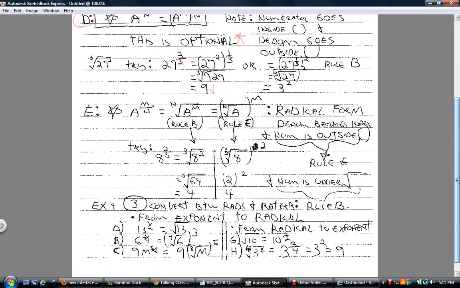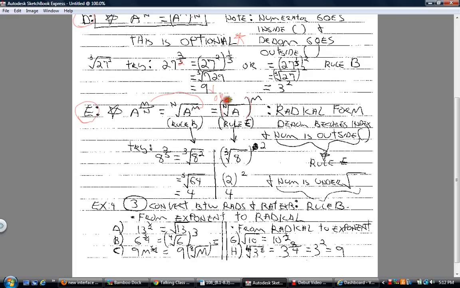Rule E, we use this one a good bit. When you've got a base raised to an exponent, you can rotate it, put the numerator outside, the denominator as the index number, or you could keep it on the outside.